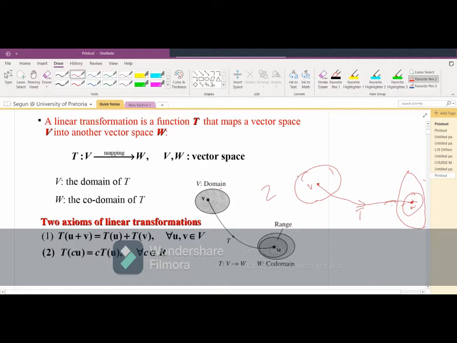Our capital V is what we call our domain. This is our domain, and our capital W is our codomain.